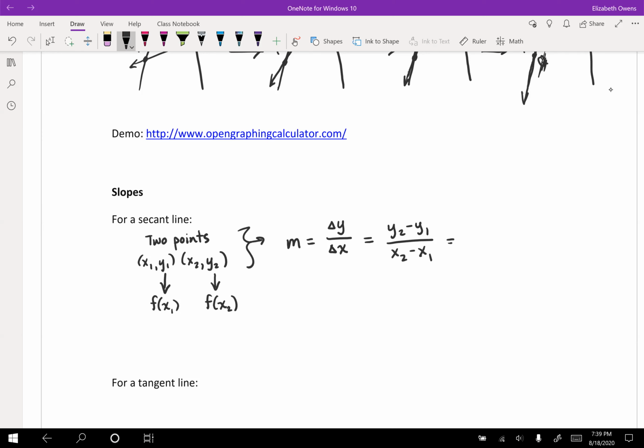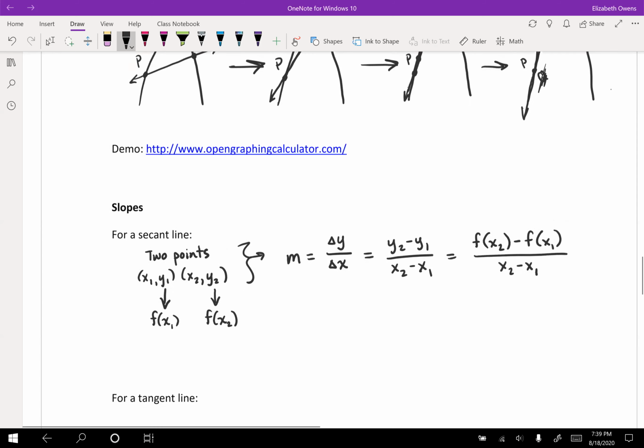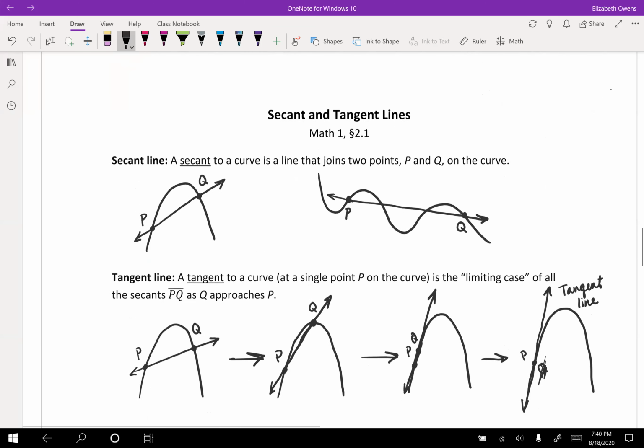Then our slope equation becomes f of x2 minus f of x1 over x2 minus x1. And this should look pretty familiar from something we just saw a little earlier in this section. Let's go up and see where that was.